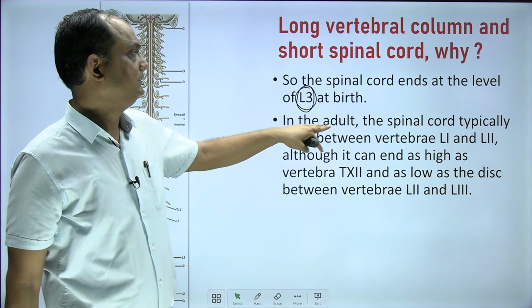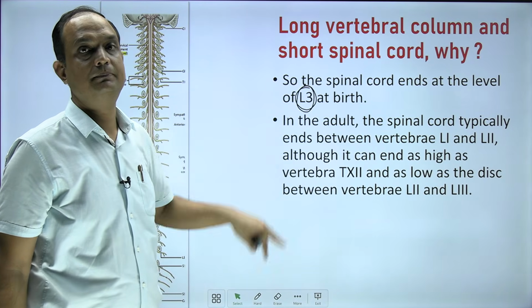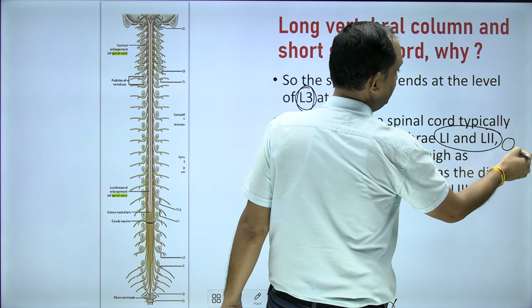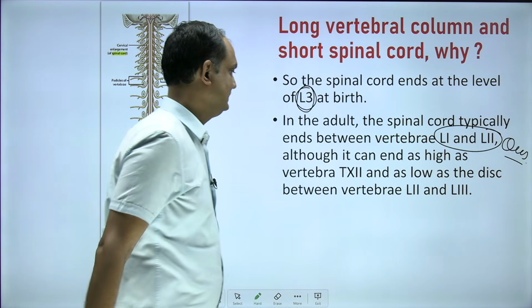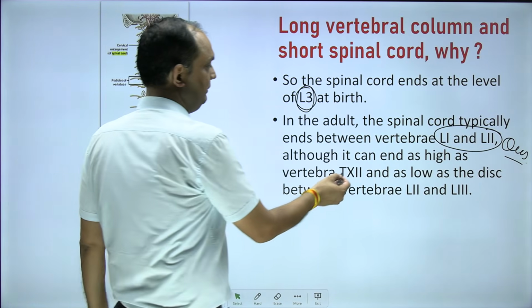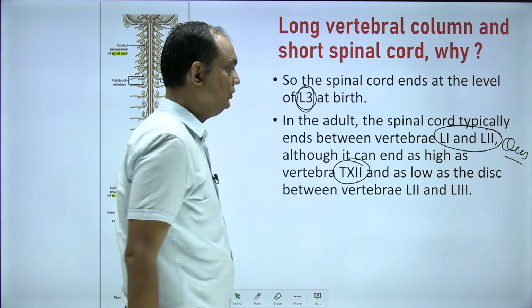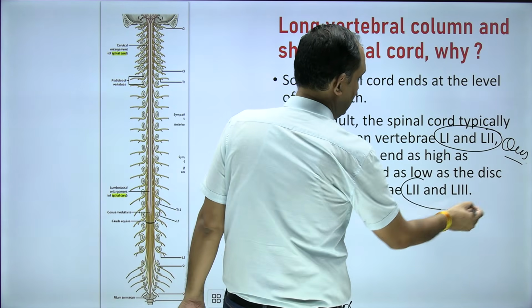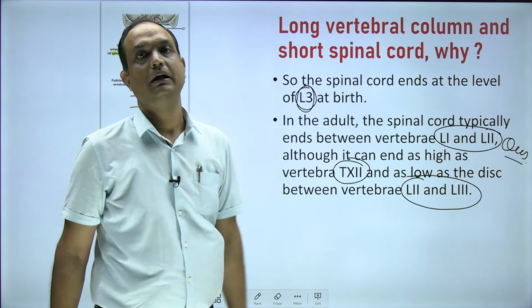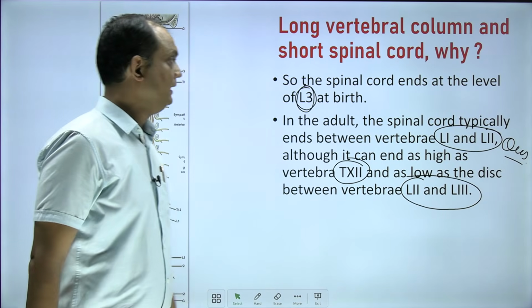But in an adult, the spinal cord typically ends between L1 and L2. This is the first and most important question of your exam. Although it can be as high as T12 and as low as L2, L3. Clear? These are the variations, but the most common level is L1, L2.